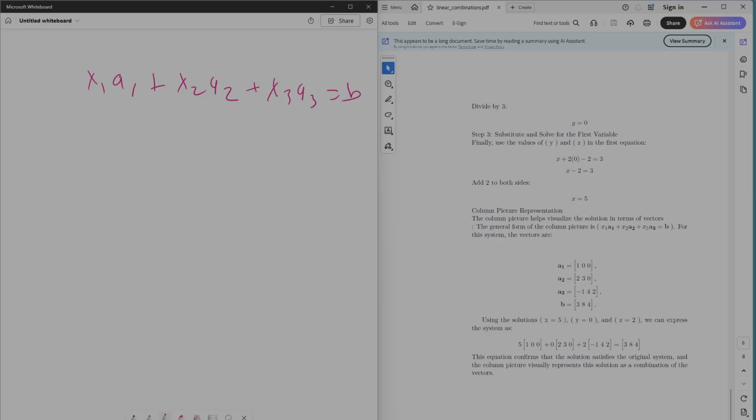Then we know that x1 is equal to 5, x2 is equal to 0, and x3 is equal to 2.